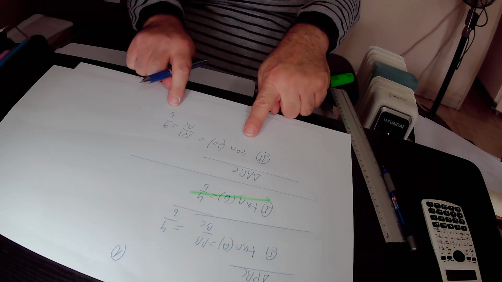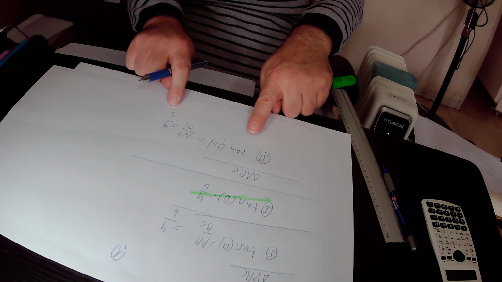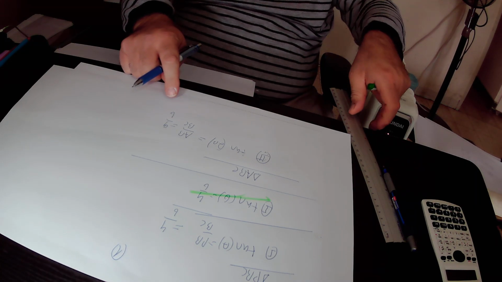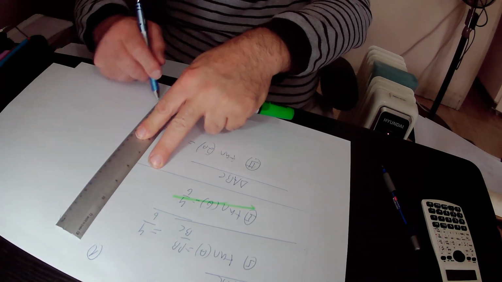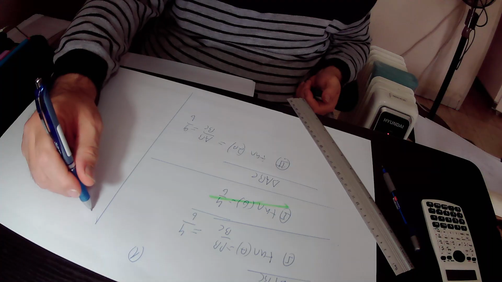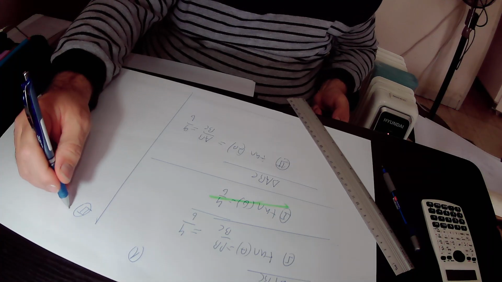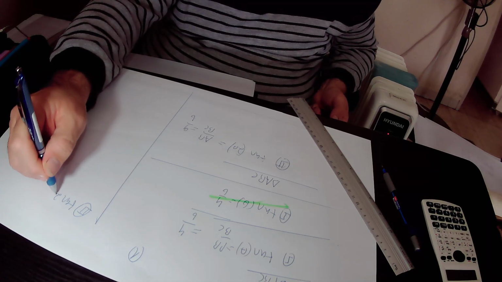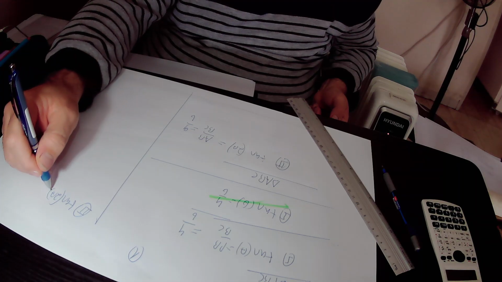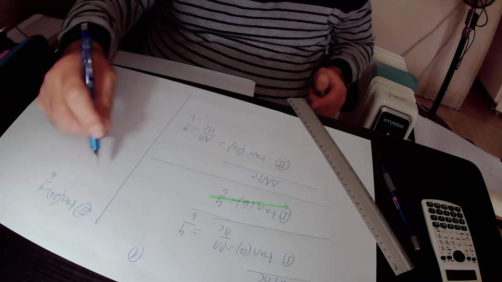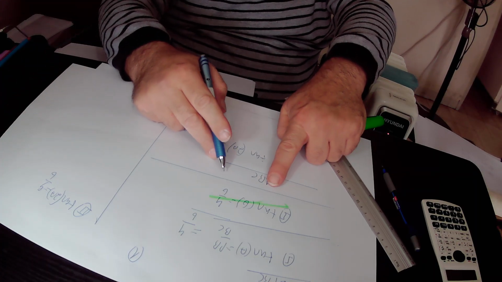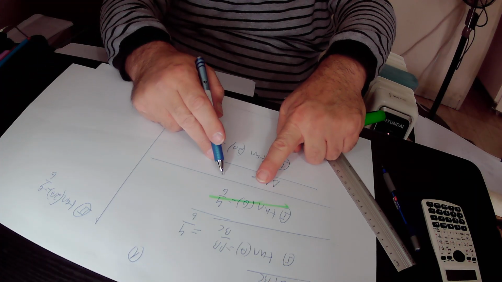That is to say, according to equation 2, tangent 2 theta equals 9 over b. But according to equation 1, we found that tangent theta equals 4 over b.